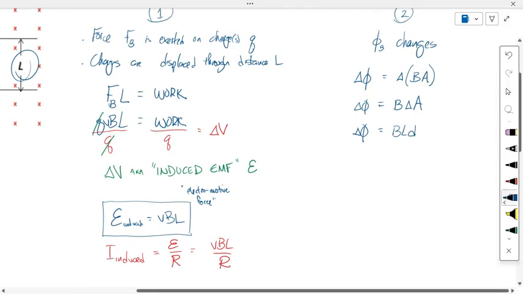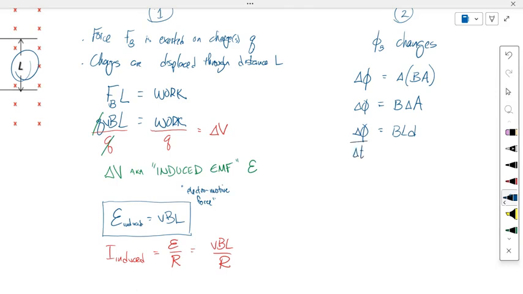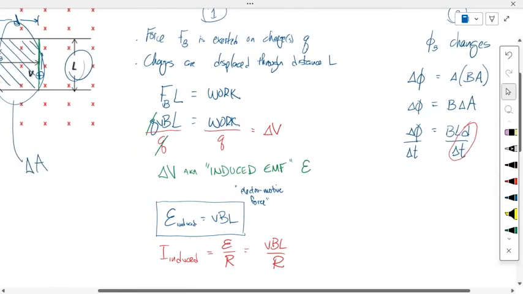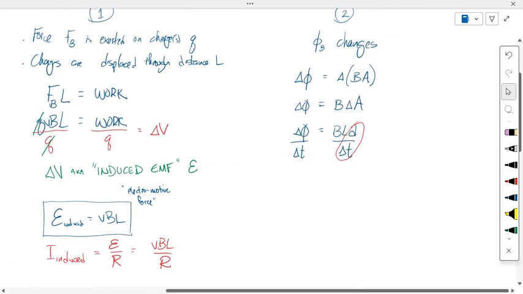What if we looked not simply at the change in flux, but the rate of change of flux? Well, what do you recognize? That distance over the amount of time that it took that flux to change is the speed of that rod.